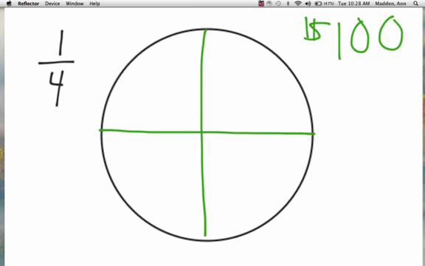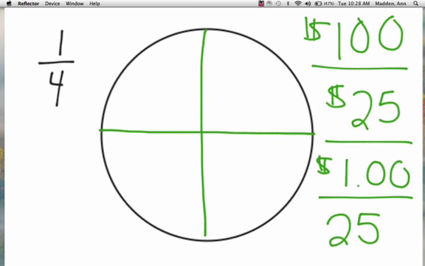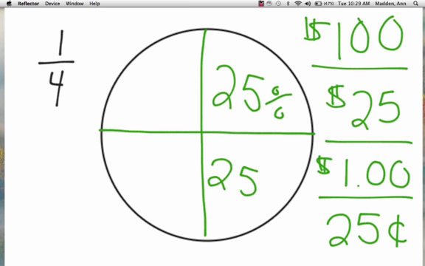I divide that into 4, I'd have $25. Or let's take $1. If you divide $1 into 4, what would you have? You would have 4/4. So there is my percentage, would be 25% in each of these sections.